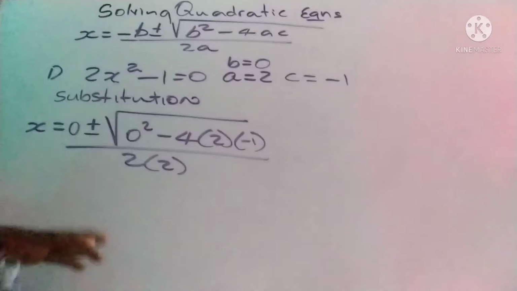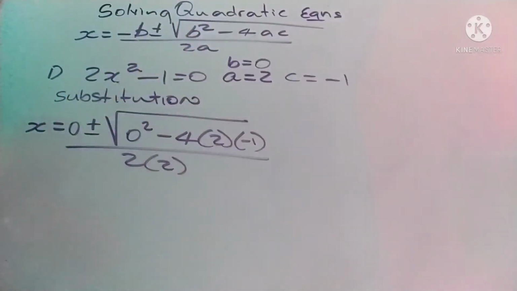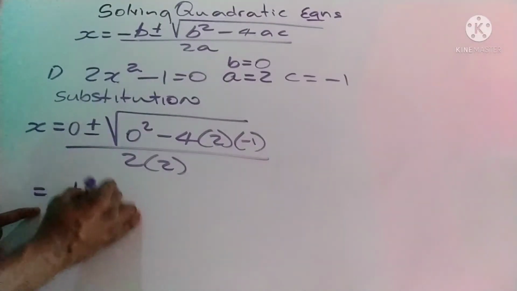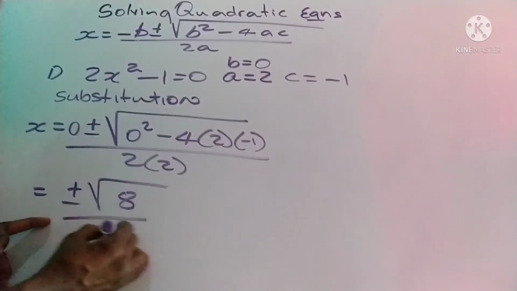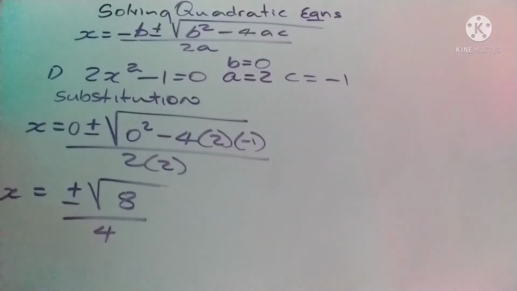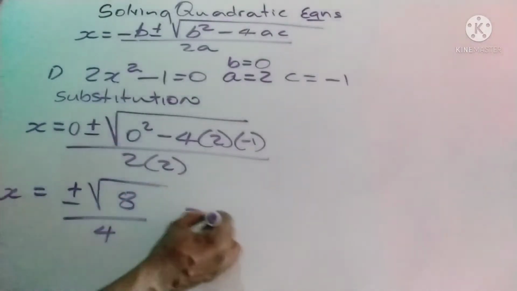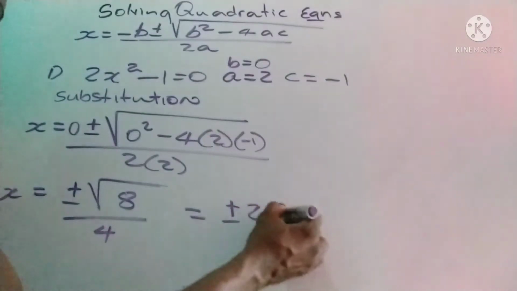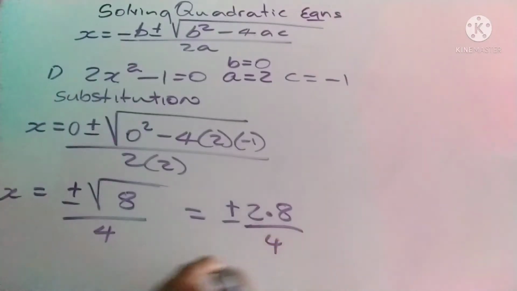So we're substituting a and c really, because b is a 0. So we'll have plus or minus, and this is going to give me 8 all over 4. So let's take the square root of 8. So the square root of 8, let us say we're doing it to 1 dp, we're going to have plus or minus 2.8 to 1 dp over 4.